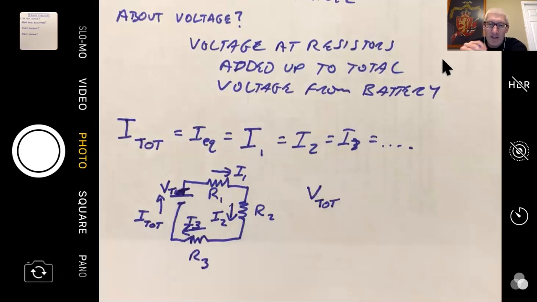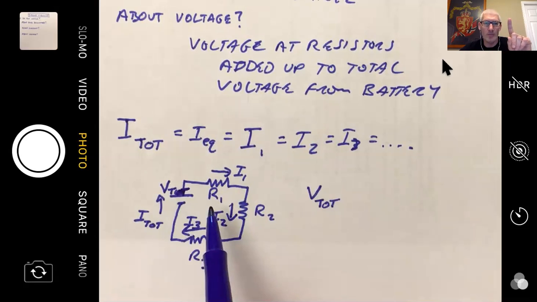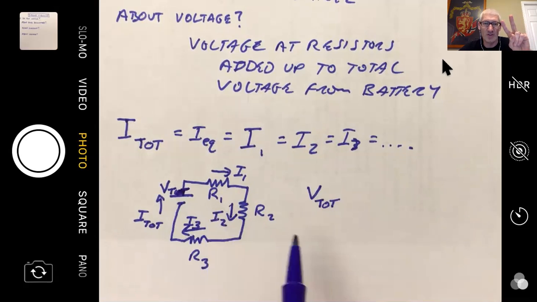Ethan, each time I go through a resistor, it takes a little bit of energy to go through a resistor. Yes? Okay. So let's say resistor 1 was maybe 1 ohm. We'll make it easy. Resistor 2 was 2 ohms, and resistor 3 was 3 ohms. Which one's going to require the most energy to get through, Ethan? 3.